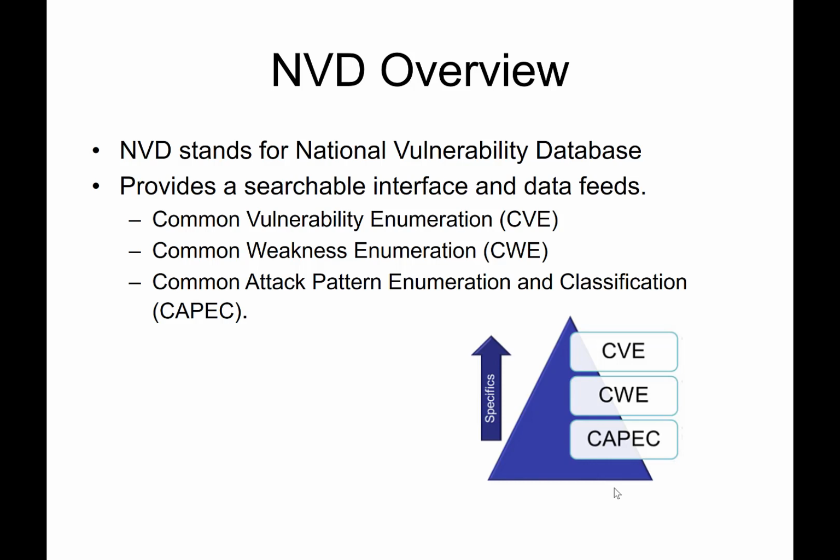So if I type in Java or Python, those product names, it will give me a list of information about this product, like what kind of vulnerabilities it has, what the scores are, such as buffer overflow, and what particular category the vulnerability is.